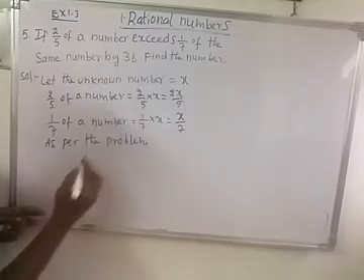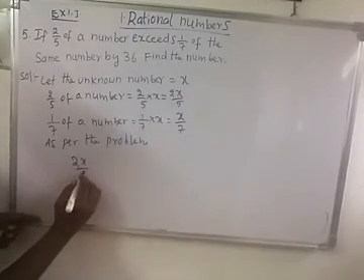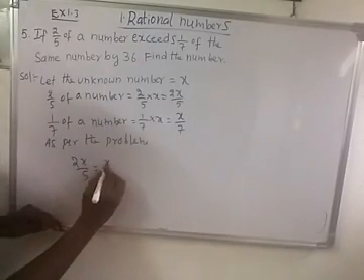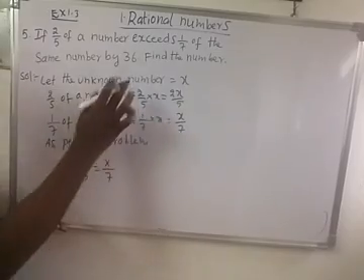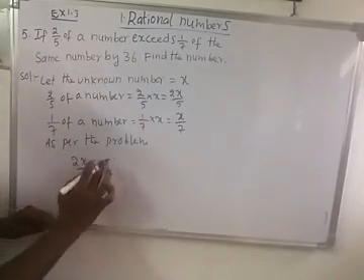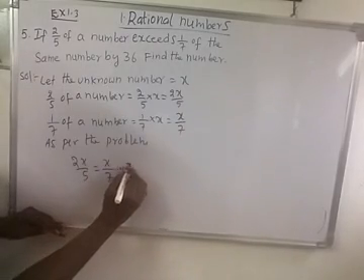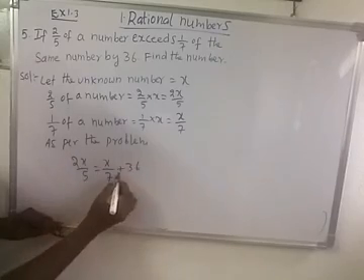So as per the problem, 2 by 5 of the number, that is 2x by 5, is equal to x by 7 plus 36, since exceeds means plus.